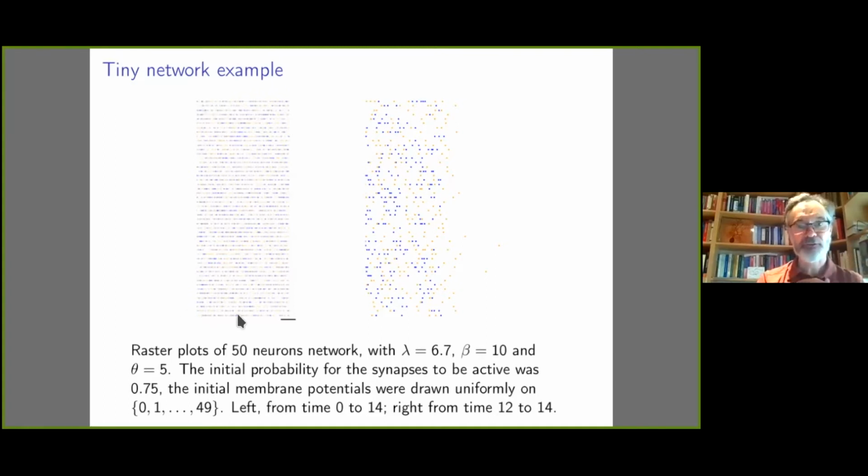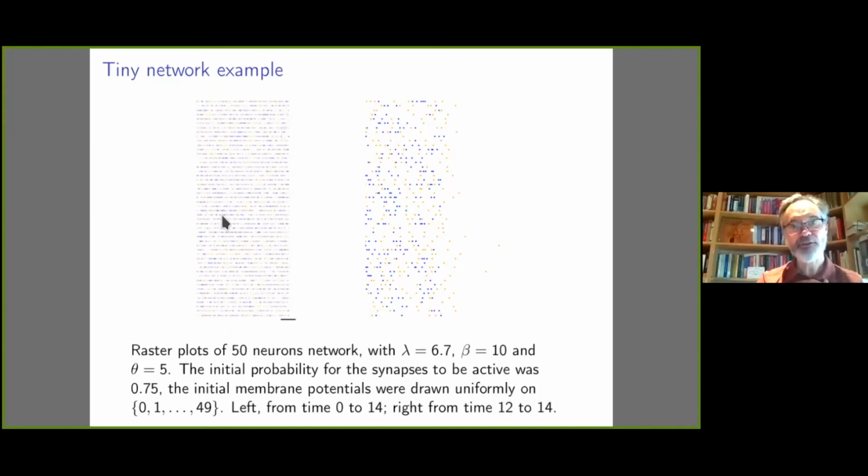You see a total of 14 time units here, and the activity disappears spontaneously around time 13. The scale bar goes from time 12 to time 14, and this region is enlarged here.